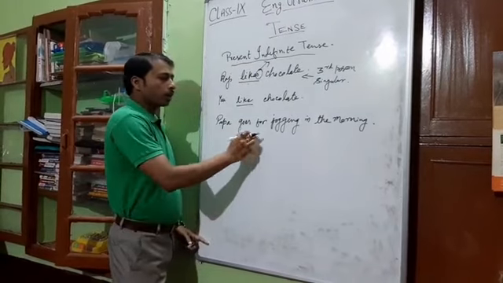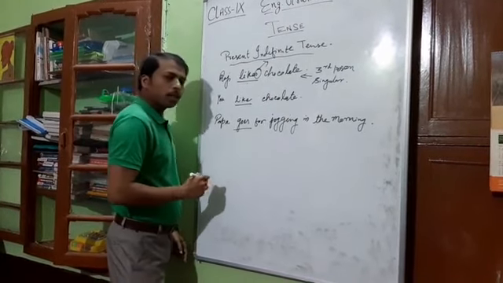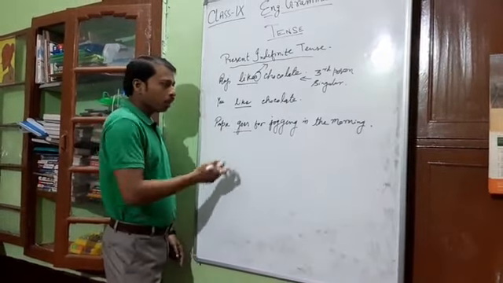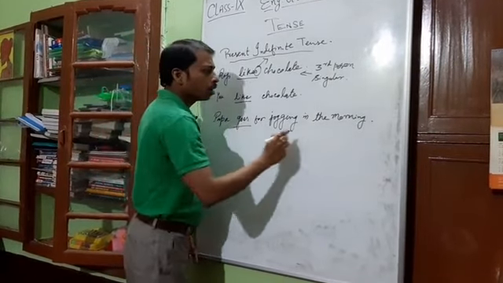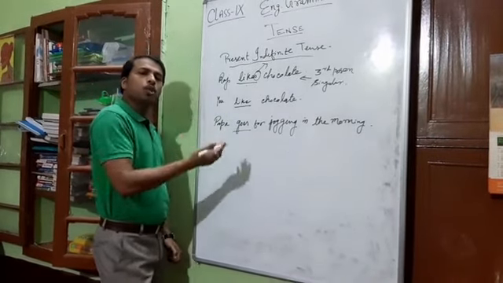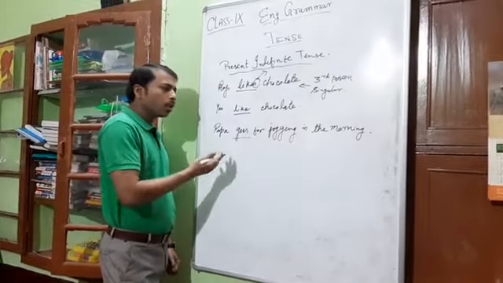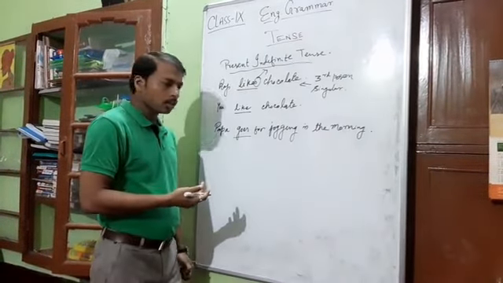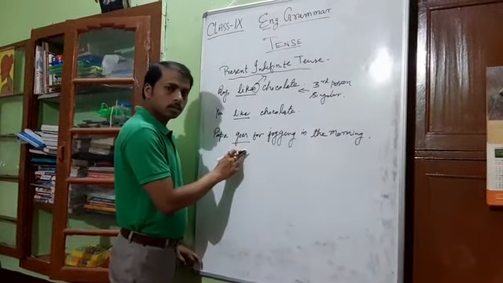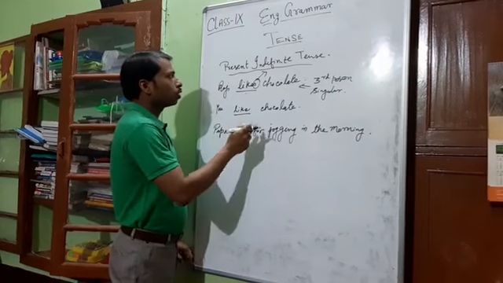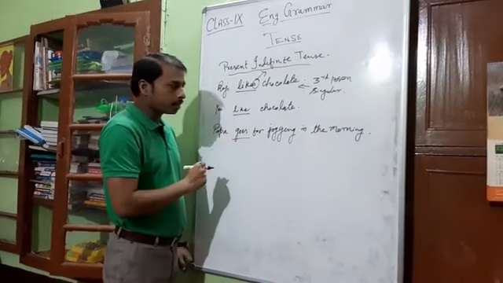Father goes for jogging in the morning. So father does the work, father goes. Now this is a work which is habitual. That means he goes on a regular basis. So habitual actions can also be said in the present indefinite tense.